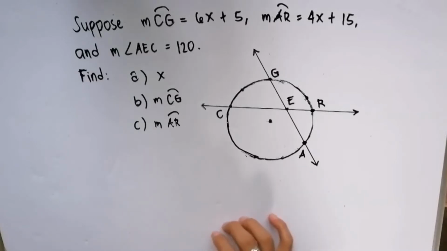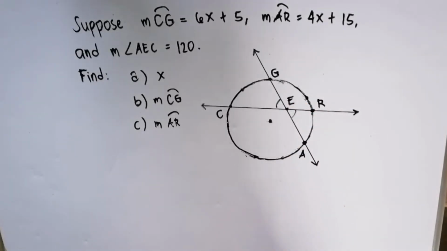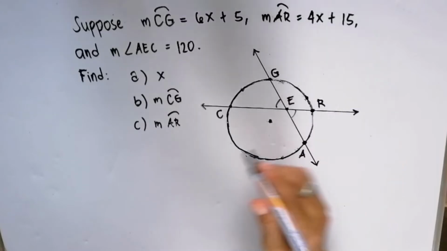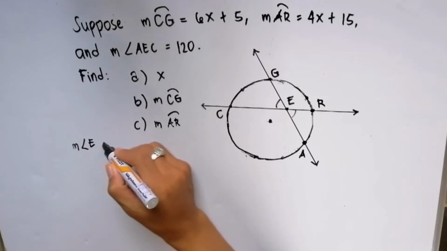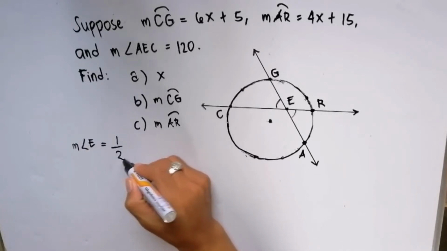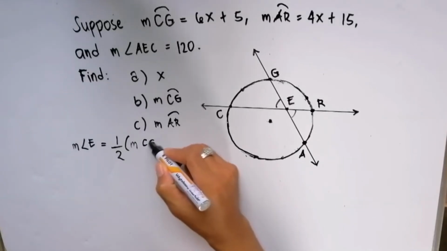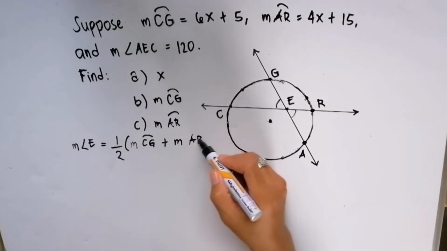Since we all know that in order to get the measure of this angle, this one is equal to 1/2 times the measure of this arc plus the measure of this arc. So we have the measure of angle E is equal to 1/2 times the measure of arc CG plus the measure of arc ER.